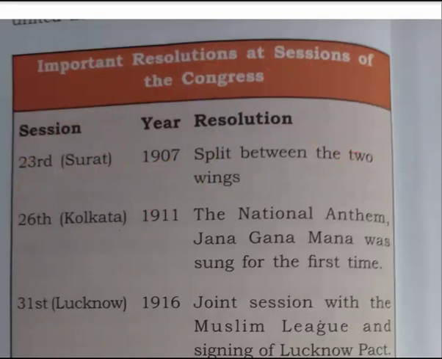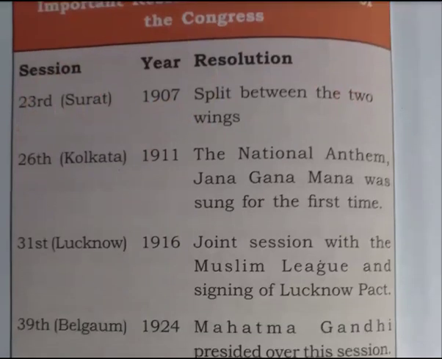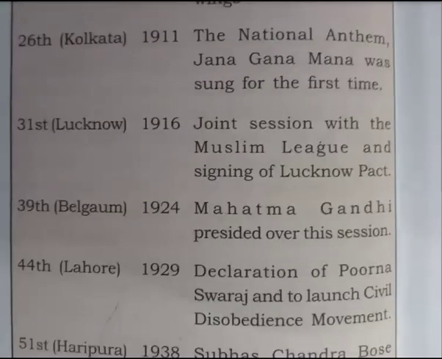The 26th, Kolkata, 1911: the national anthem Jana Gana Mana was sung for the first time in 1911 in Kolkata. The 31st, 1916 at Lucknow: joint session with the Muslim League and signing of the Lucknow Pact was done.